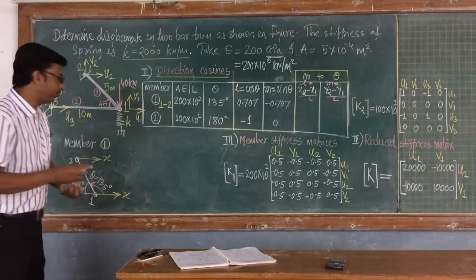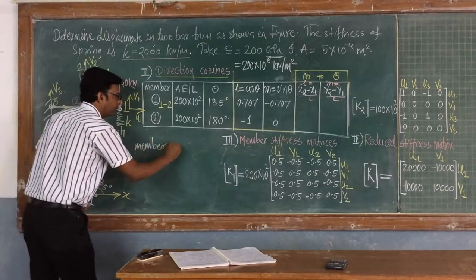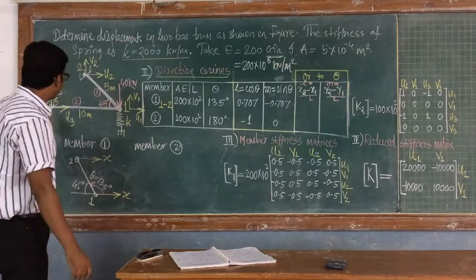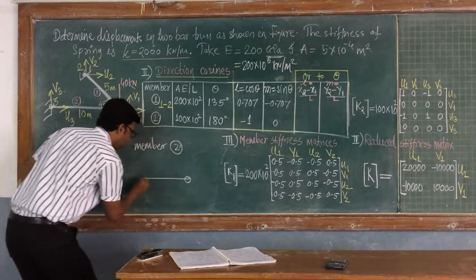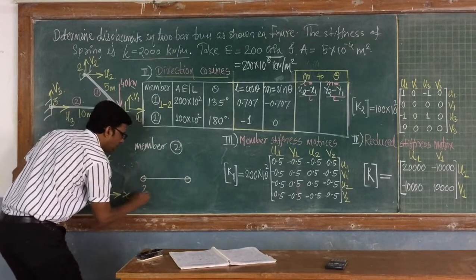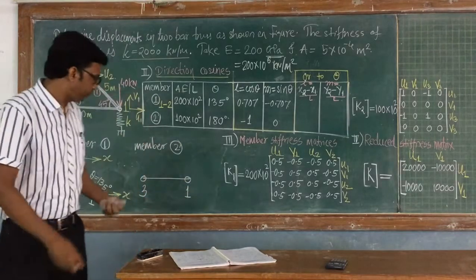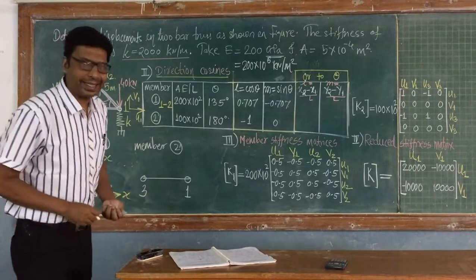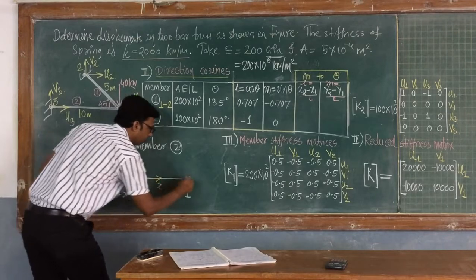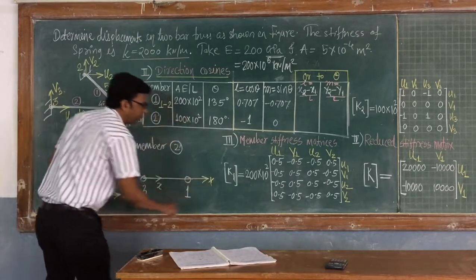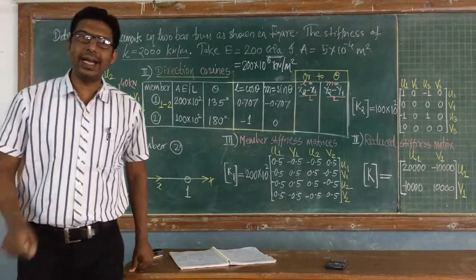Now member 2. Member 2 is horizontal. Show the positive x-axis at both nodes.